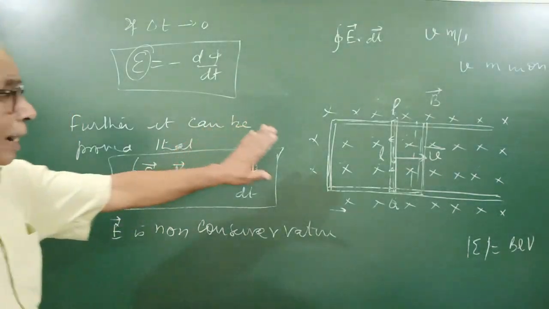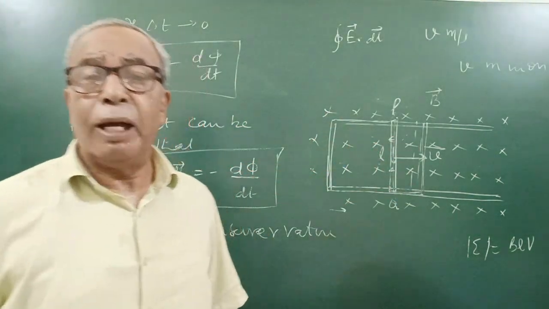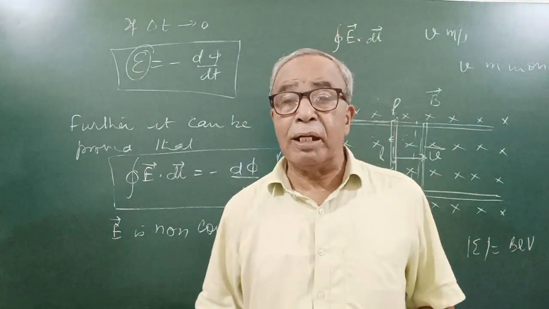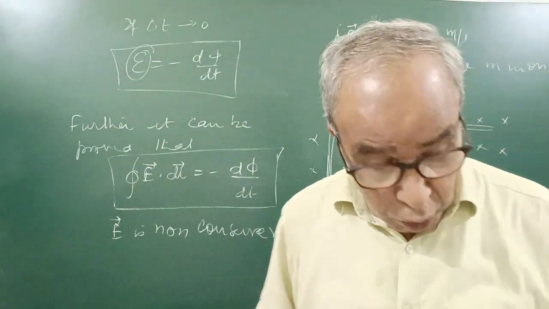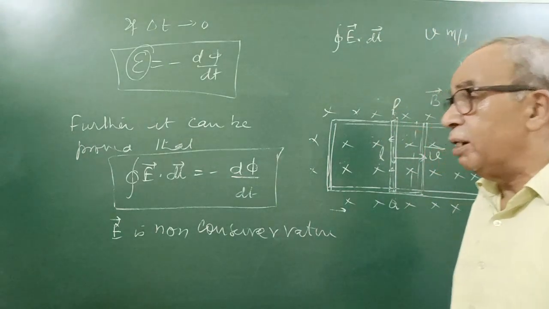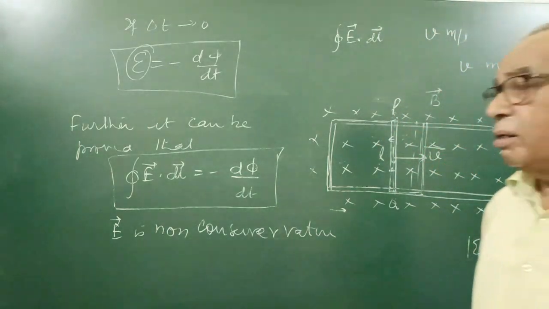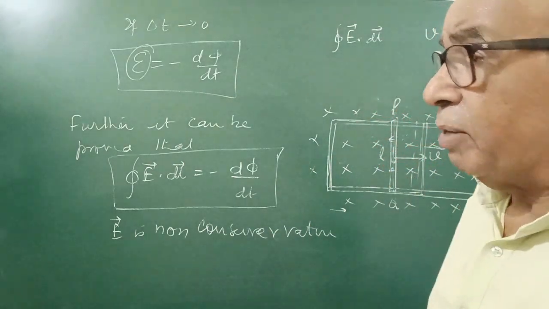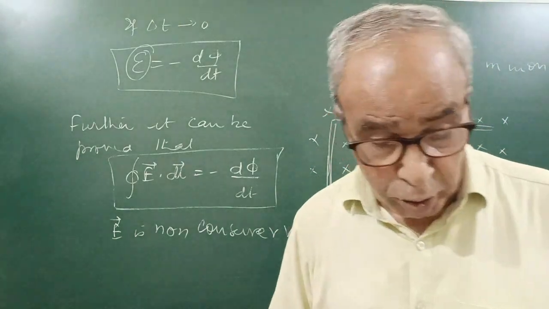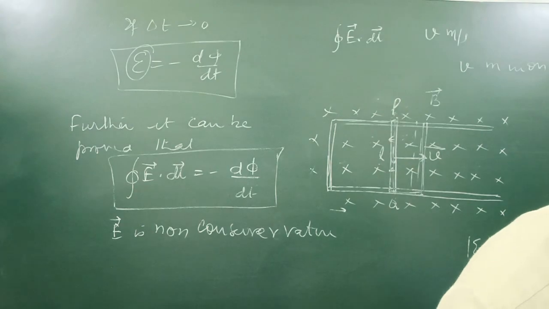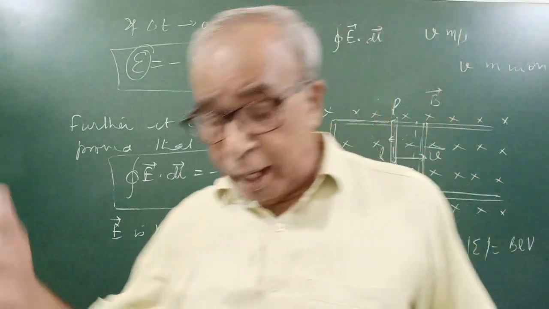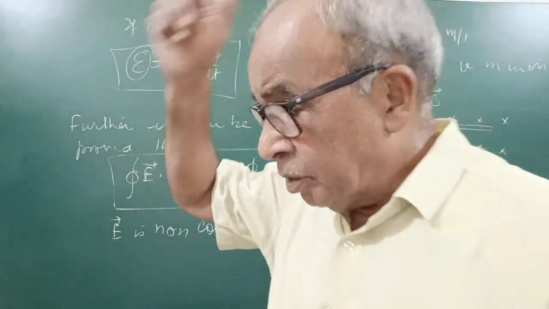So the electric field produced by varying magnetic flux, or you can say by varying magnetic field, is not conservative. A conservative field is one in which work done by the force in the field or against the force does not depend on the path followed.